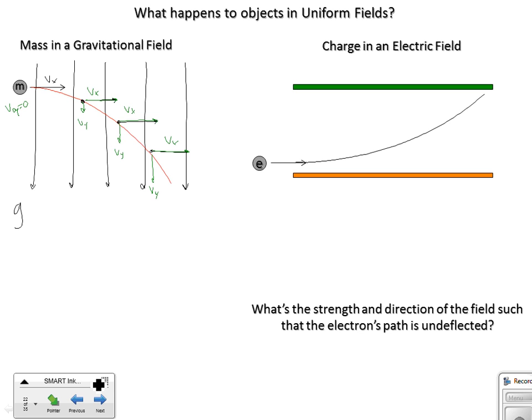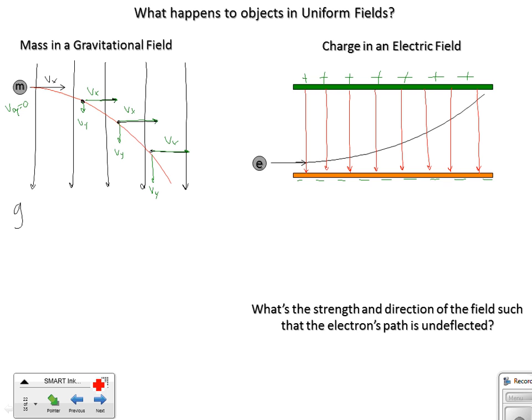That would have to be because there were negatives down here and positives up here, which means the electric field would point like this, from positive to negative. Why does the electron go upward if the field points down? Because fields point in the direction of the force that a positive charge would feel. This is a negative charge.